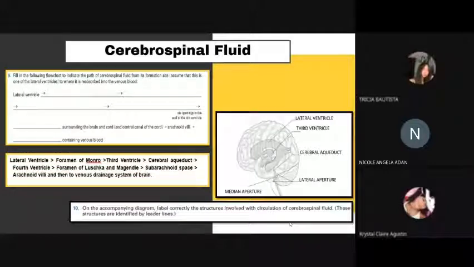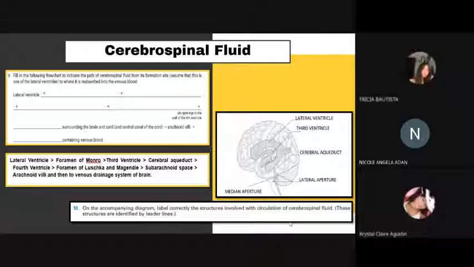So from lateral ventricle to foramen of Monro to third ventricle, cerebral aqueduct, fourth ventricle, foramen of Luschka and Magendie to subarachnoid space to arachnoid villi and then to the venous drainage system of the brain.